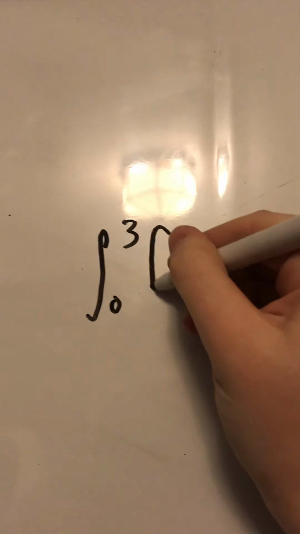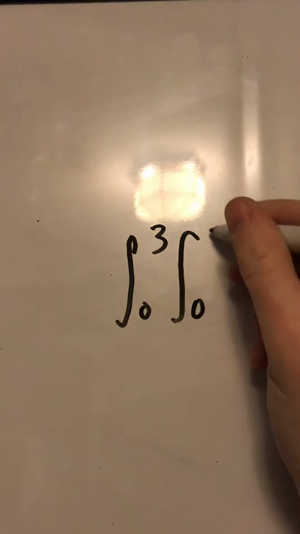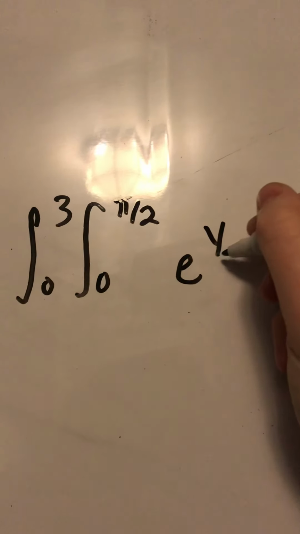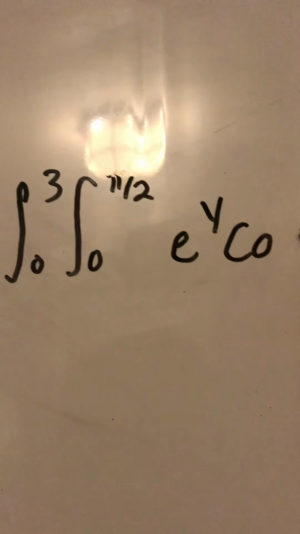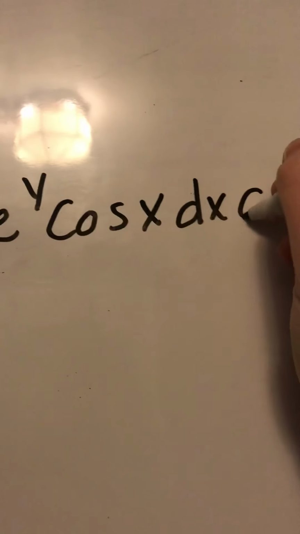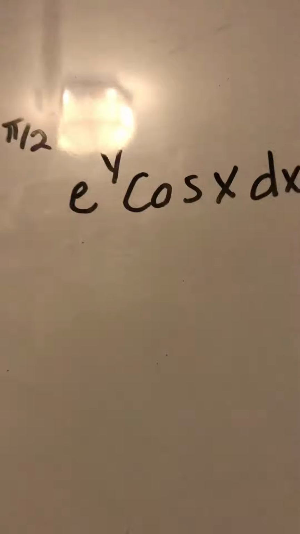So our next one, we're going to be finding the integral from 0 to 3 and 0 to pi over 2 of e to the y cosine x dx dy.